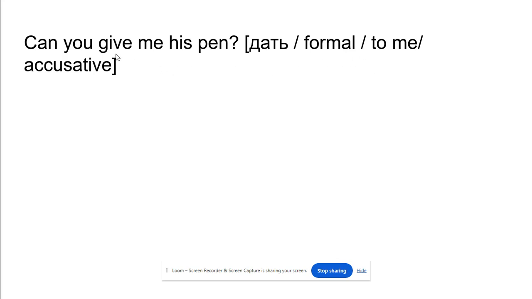And also, when we give something in English, we also say to. So in English, we give something to someone. And in Russian, we give something to someone. So what does it mean about this pronoun? Which one is it going to be? Is it going to be меня? Is it going to be мне?